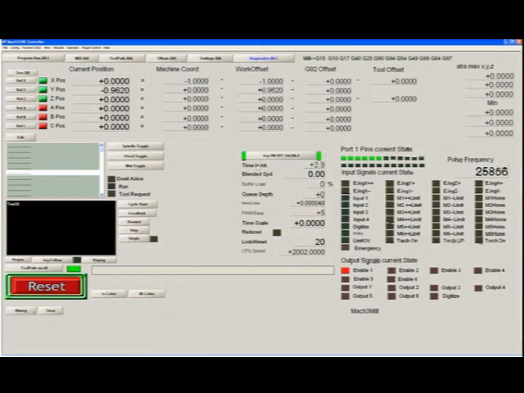Time in interrupt is another indicator. This is the number of microseconds the system spends each of its 25,856 interrupts per second. So 25,856 times a second, the system spends 3.3 microseconds approximately dealing with your system inputs and outputs and handling your stepping.